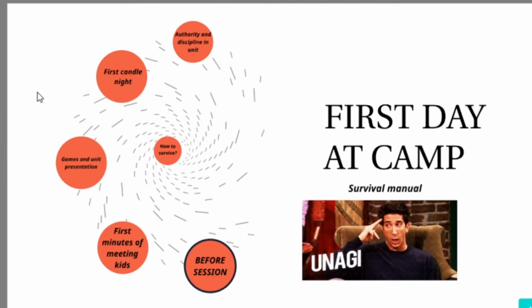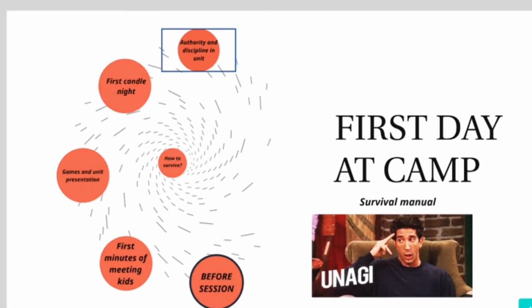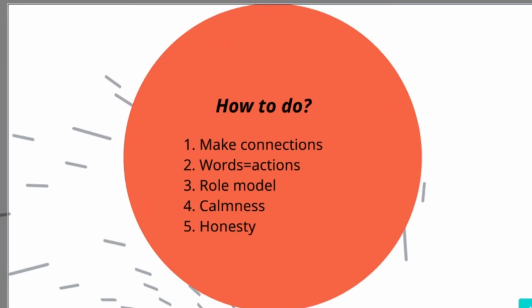Also, what is very important for the unit and kids is your authority. Authority is not about being afraid of you, it's about respect. When you respect kids, then they respect you. To build this authority, you need first to make a connection with kids.